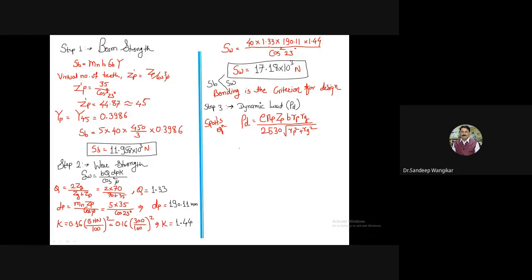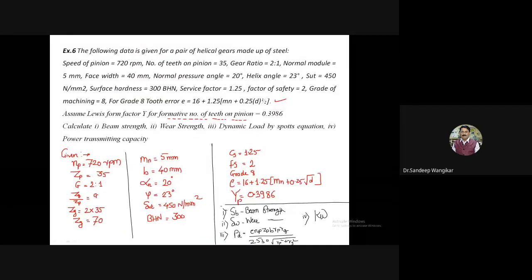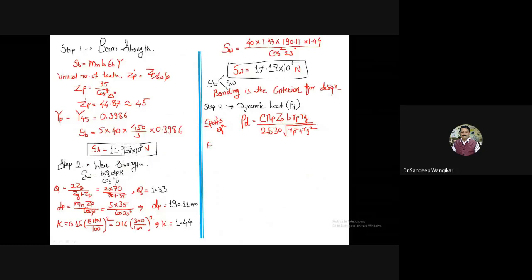Okay. So now in this case, first of all, we have to calculate the error. So for grade 8 value is given. So refer the formula. For grade 8 error value is given. So I will take that error value.